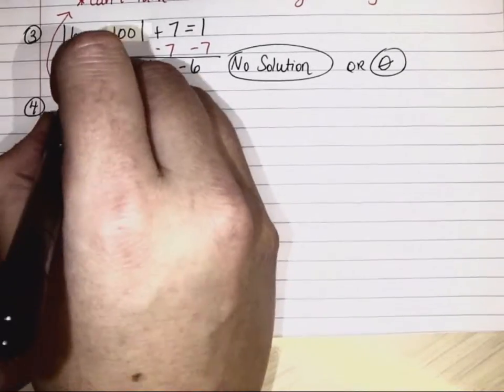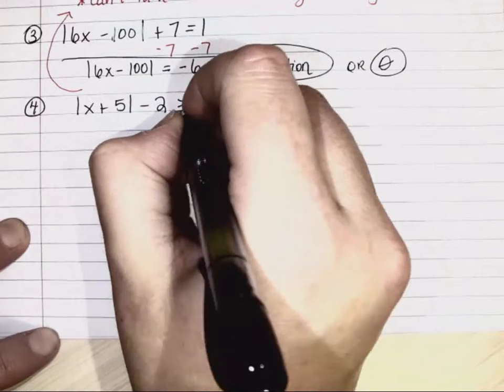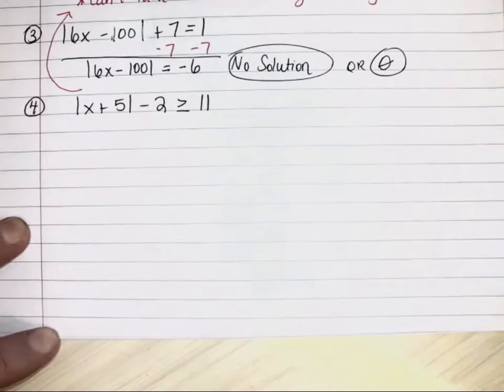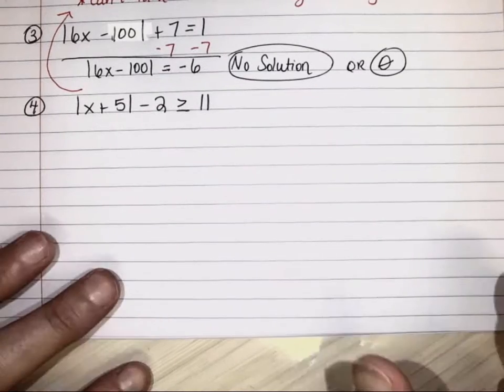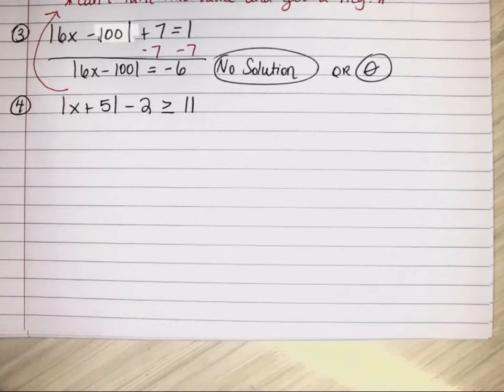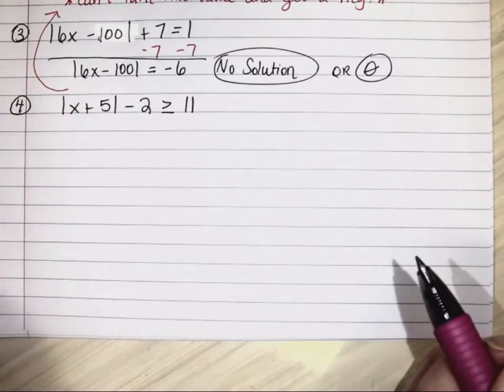Number 4, we have the absolute value of x plus 5, minus 2 is greater than or equal to 11. I'm going to come out to the side, and we're going to have a quick lesson on what your answers will look like.